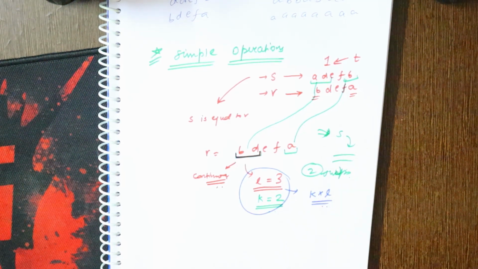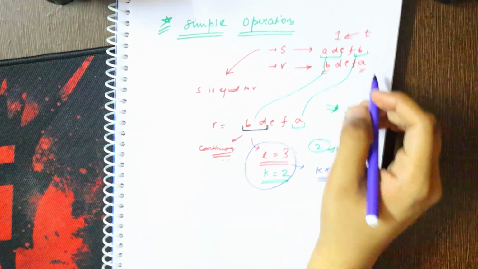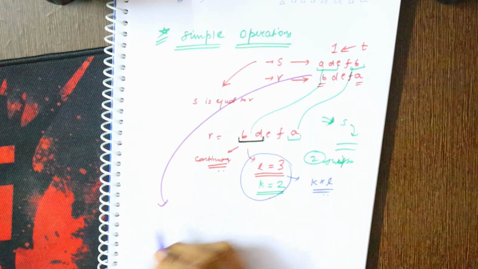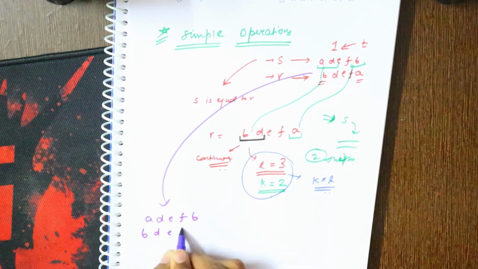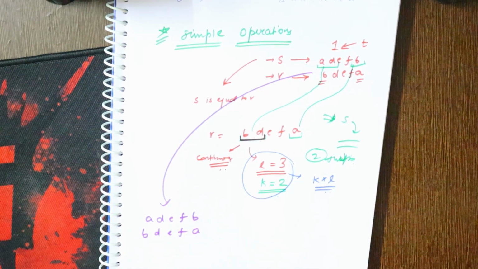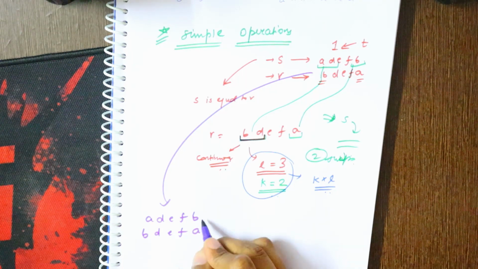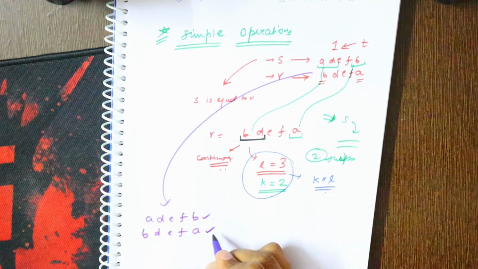The basic intuition for this problem is as follows. Suppose we have the example a, d, e, f, b and b, d, e, f, a. I see that I have to make s equal to r.